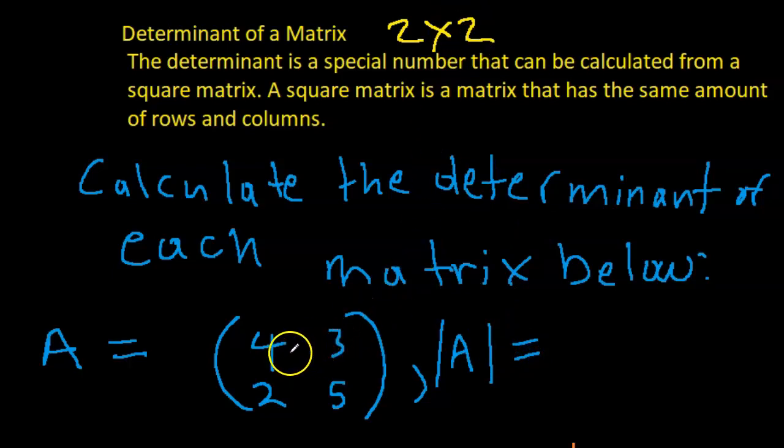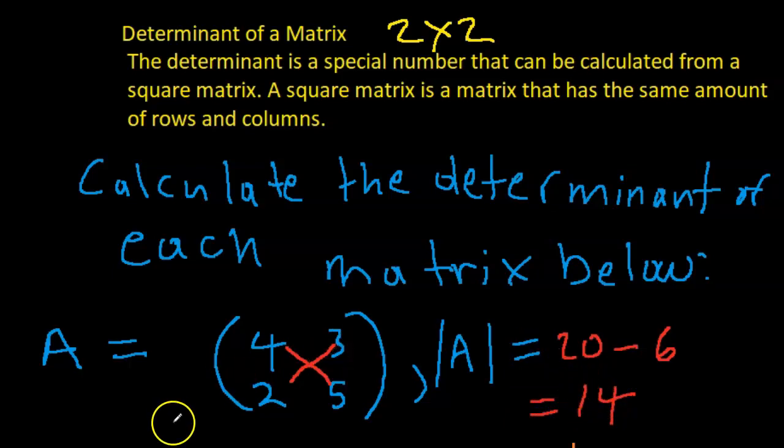Very basic. So the product of the 4 and the 5, 4 times 5, that's 20, minus the product of these other two diagonals, 2 times 3, 6. And it is as basic as that. So 20 minus 6, that's 14. So the determinant of A is equal to 14.